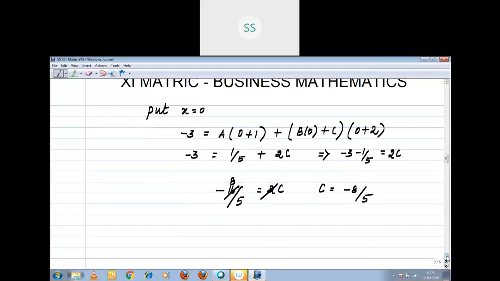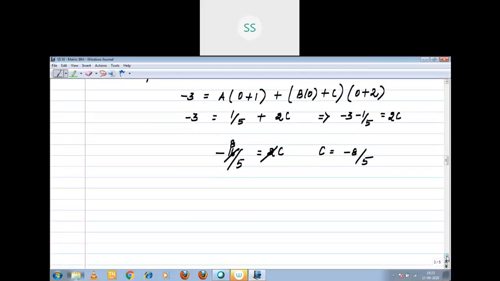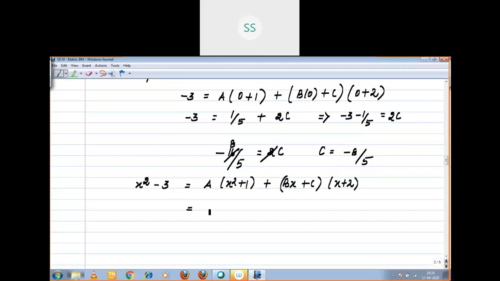Next, one more method I am going to include here. You have to listen carefully, children. The format I am going to write: x square minus 3 equal to a into x square plus 1 plus bx plus c into x plus 2.